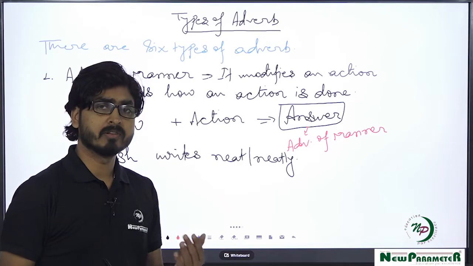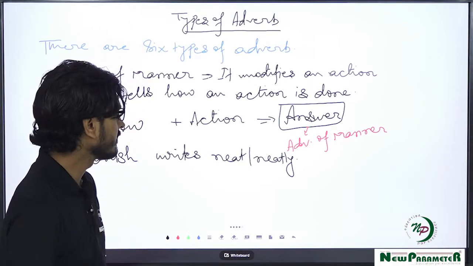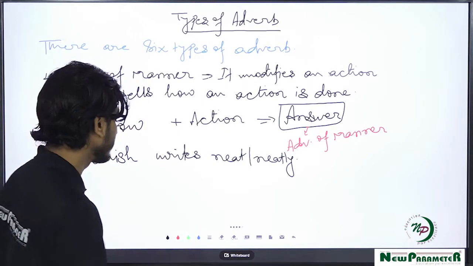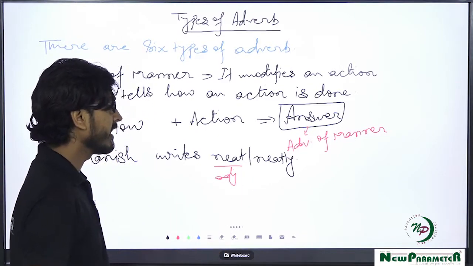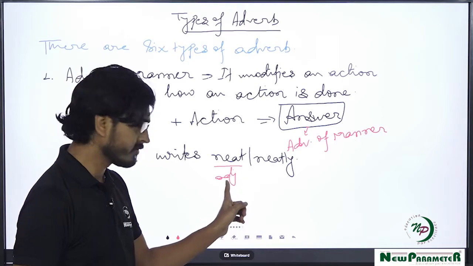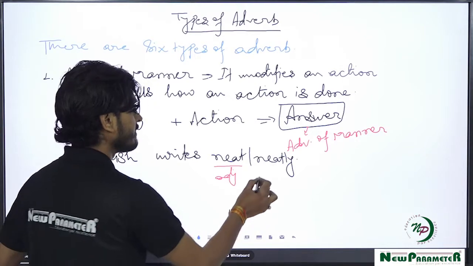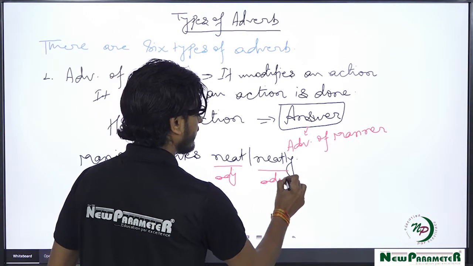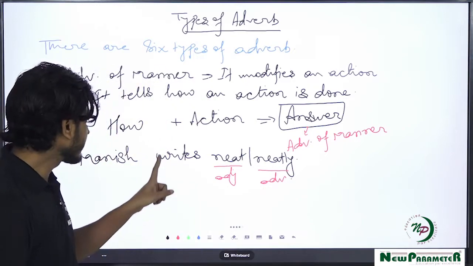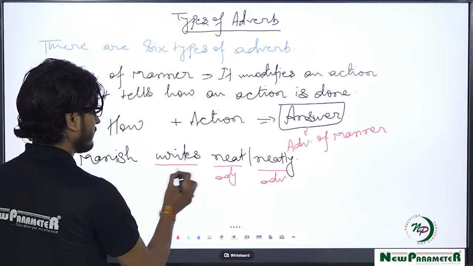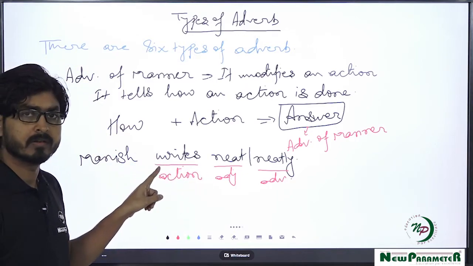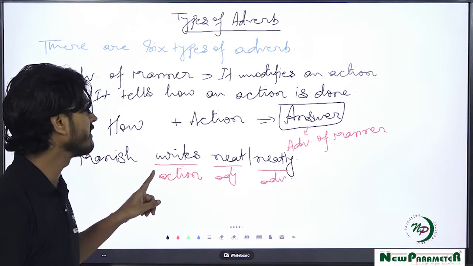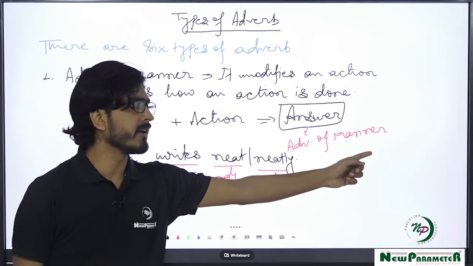It is a word that is used for, you can say, a noun or pronoun. So this is what? This is an adjective, and we have done what? We have added ly to this adjective. So it becomes what? An adverb. Now, we'll ask a single question to this action. How writes? Whatever answer we get will be an adverb of manner.